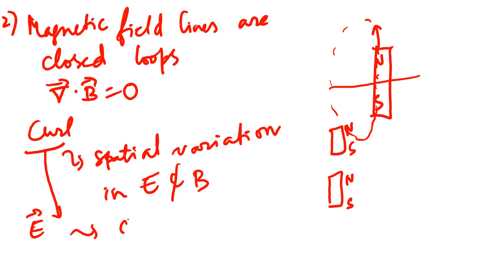This curl is telling us how this electric field is spatially varying, dou E by dou X. To give you a very brief view of what happens: if I have charge flowing in a wire, let's say this wire is connected to some battery somewhere, and there is charge flowing in this wire, so we have current.